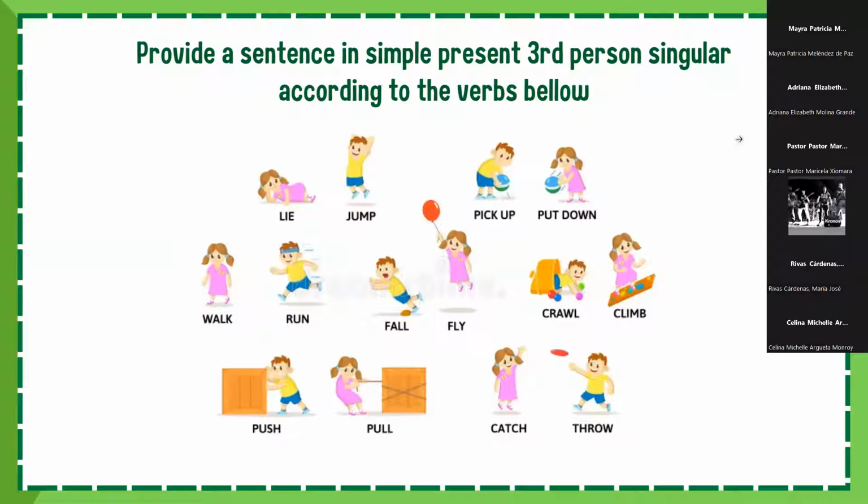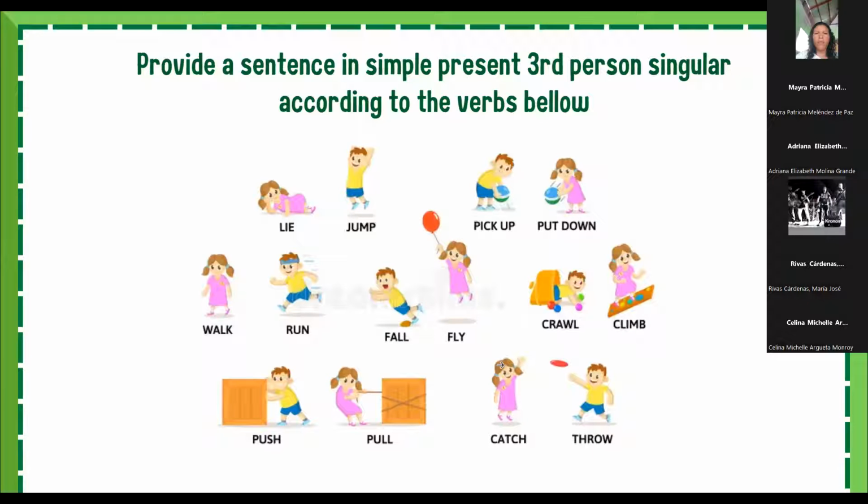Hi, teacher. Hello. Can you give me a sentence in third person? She lies to her parents. Padres. He lies to her parents, okay. She caps the balloon. Balloon, okay. All right, thank you. Just one. That's okay, just one.